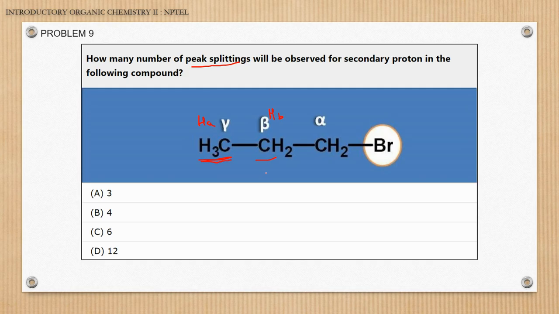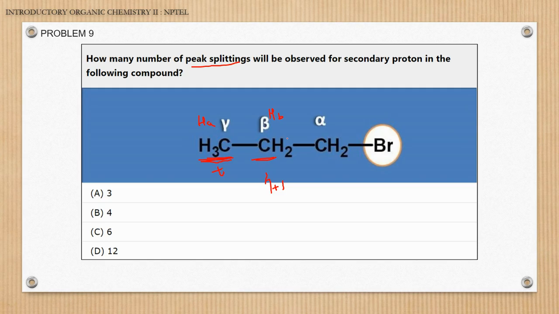Why? Because I have told you about the n plus 1 rule. Here n is 2 in the case of HA, where the splitting is because of HB protons. HB has 2 protons, so 2 plus 1 is 3. That is why this methyl group gives you a triplet in 1H NMR.